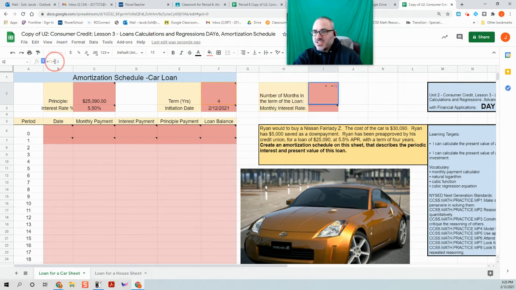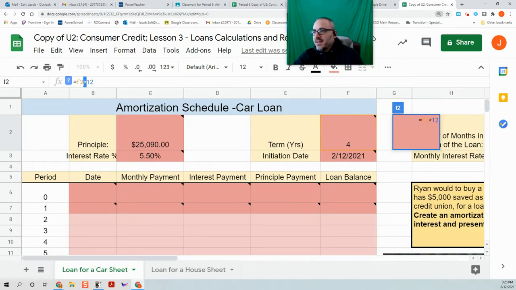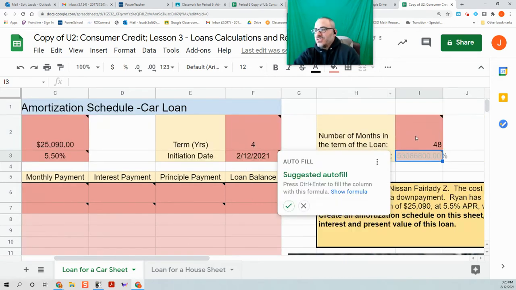The multiplication symbol is called an asterisk here. Let me zoom in so you can see this better, right? It's an asterisk. It's like a little 5-pointed star. That's our multiplication symbol a lot of times in these kind of formats. So I'm going to press enter here, and look, it just told me 48. If you get this suggested autofill thing, I recommend you reject it right now. I don't think it knows what we want.